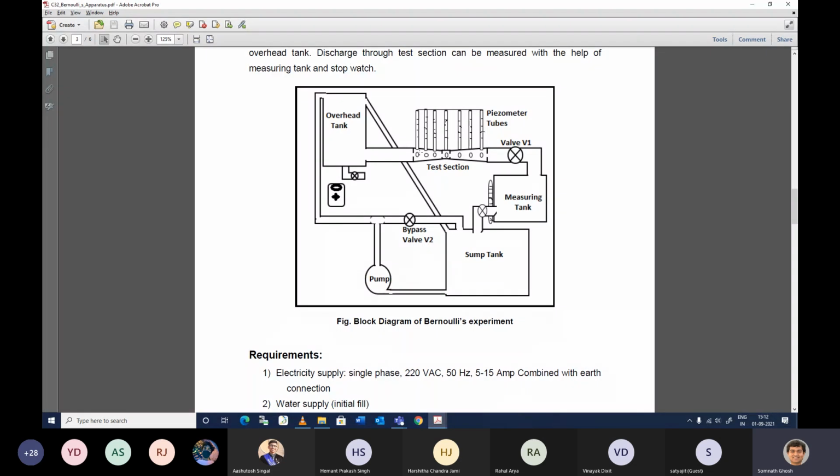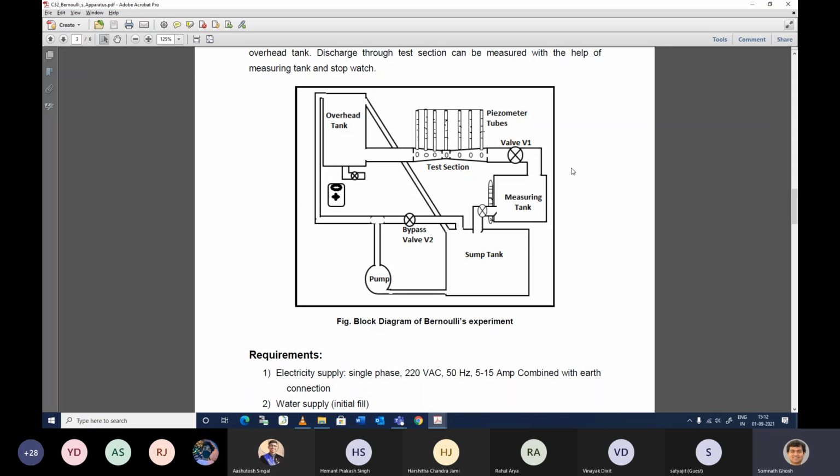There are 7 points in the setup, so at each point you will get 7 different heights in different tubes. Then you calculate the 7 different energies, and from those you can see whether the energy changes along the flow direction. If it is changing, you need to explain why in the report.